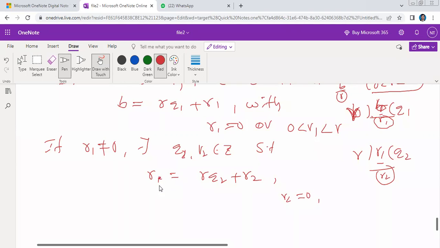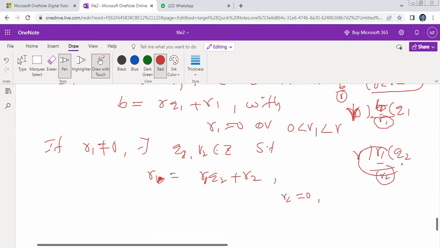So b is equal to rq1 plus r1, and r is equal to r1 q2 plus r2.